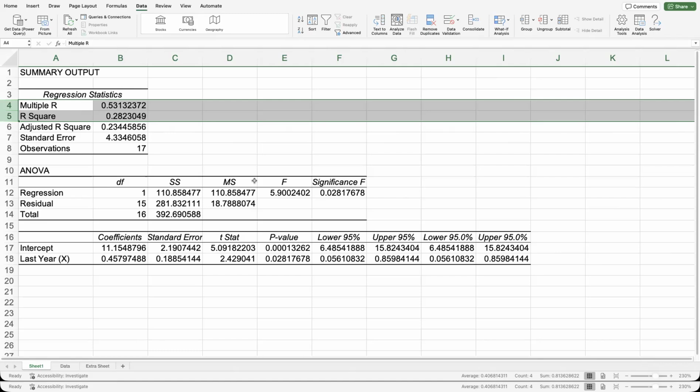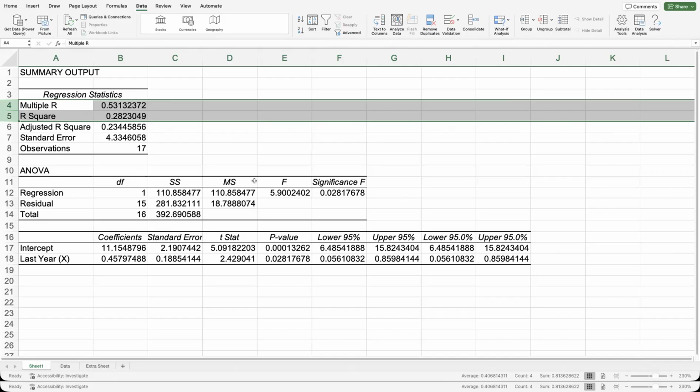So according to this, 28% of the variation in this year's returns for these mutual funds is related to the variation in last year's earnings.